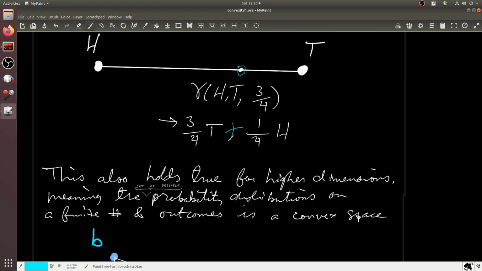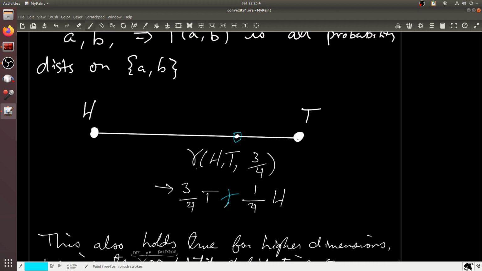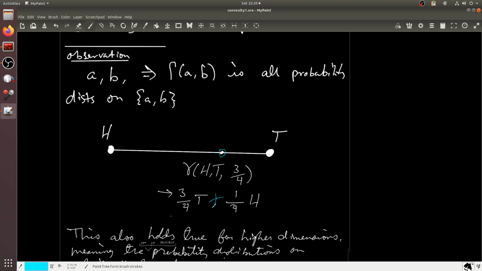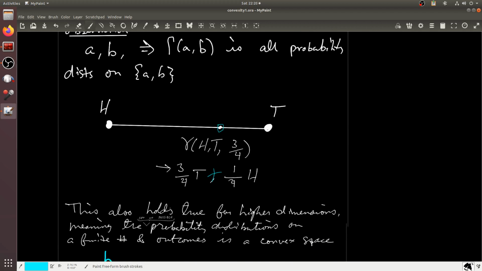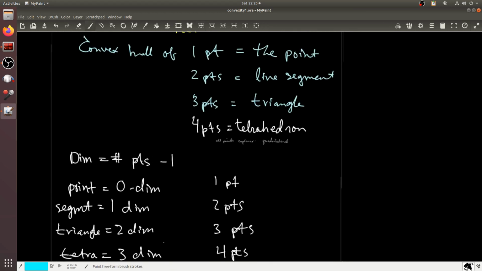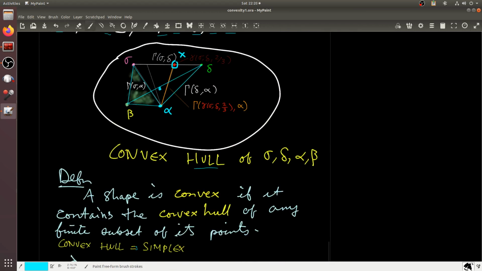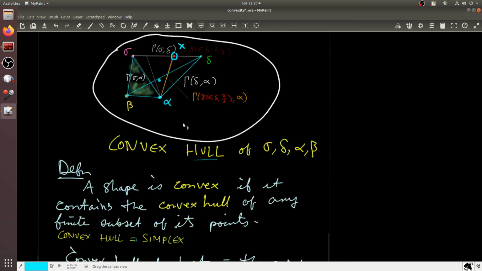This also holds true for higher dimensions, but there's a little caveat, which is that you need the dimension of the simplex to match what it's supposed to be. So you can't, for instance, have, up here we have, for instance, the tetrahedron in 2 dimensions. That's not going to work.